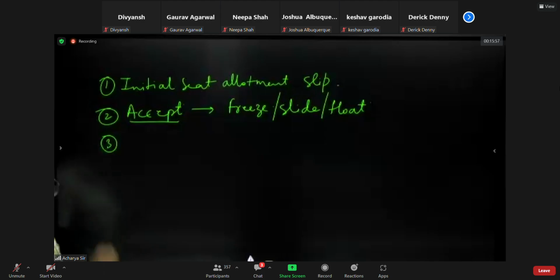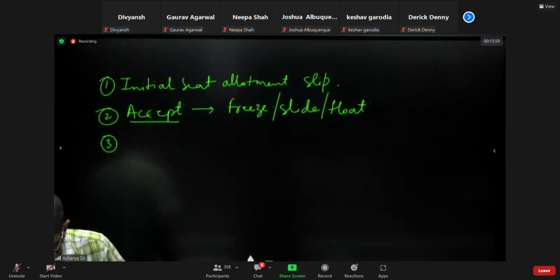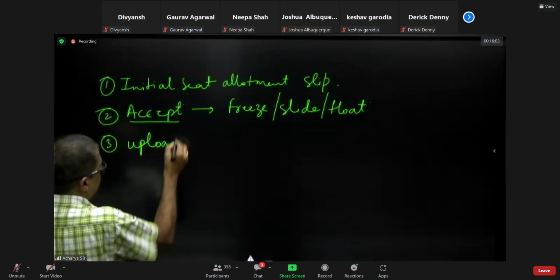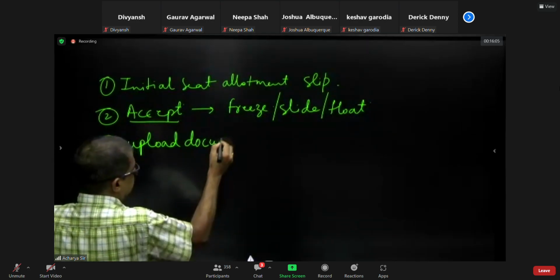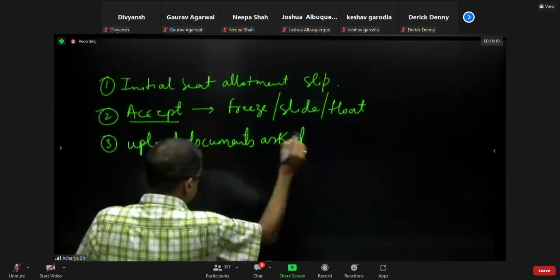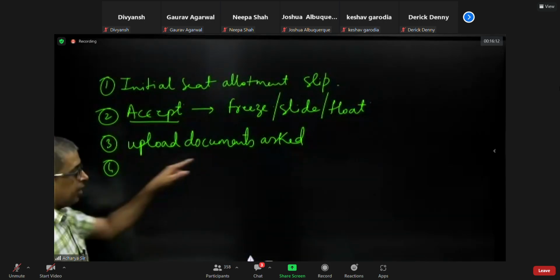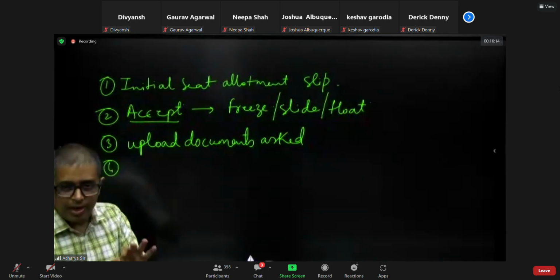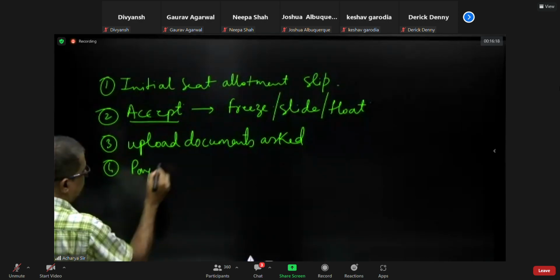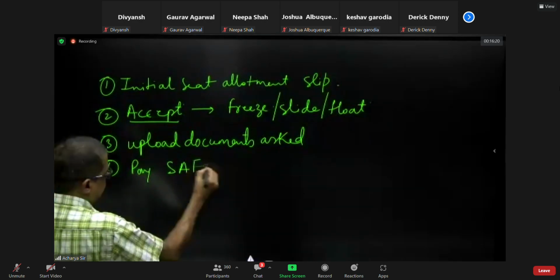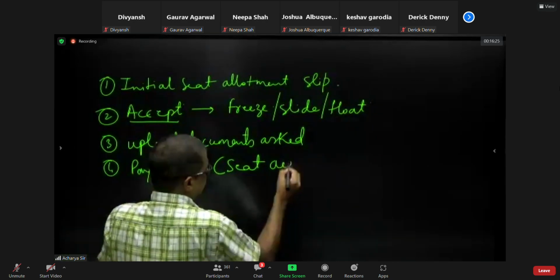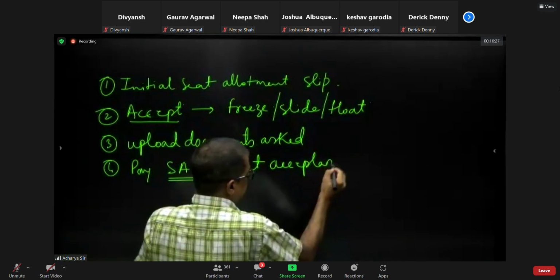This is also important. You have to upload the documents asked. Do this properly. And then simultaneously, please pay the seat acceptance fee.